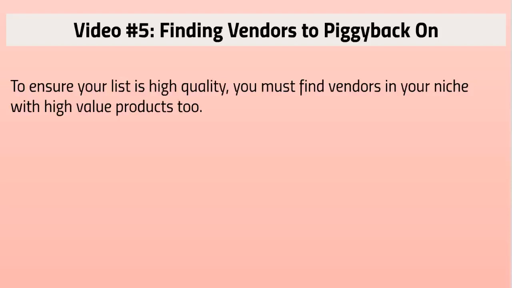That doesn't always mean the case, but typically, if you look at certain vendors, you'll notice that they attract a certain type of person. So you want to make sure that you attract the customer that can resonate with them, but also resonate with you. If they're the type of person that is looking for high quality material and is willing to pay for high quality material, that's the type of person that you want on your list.